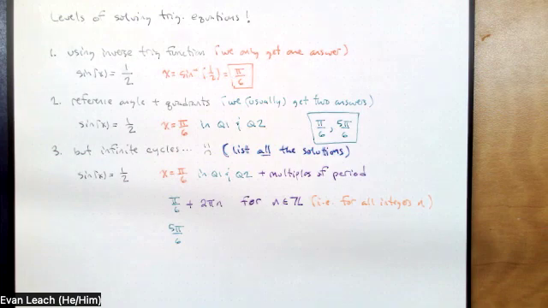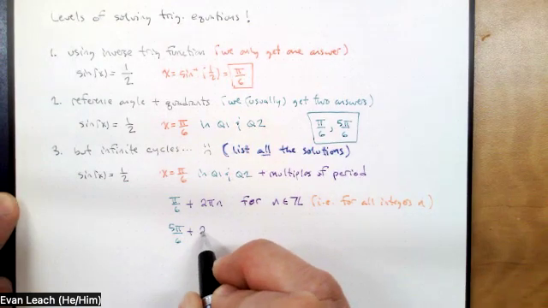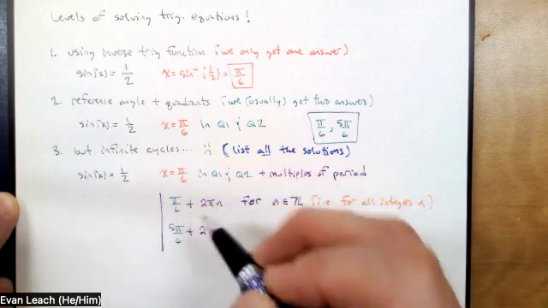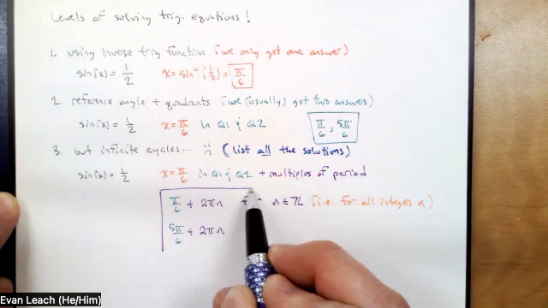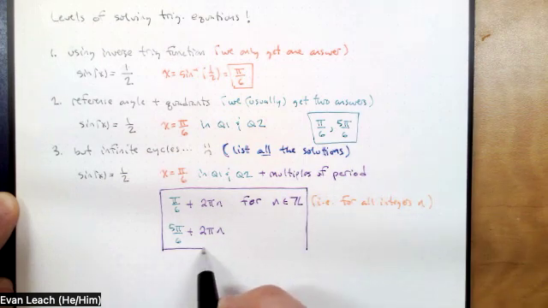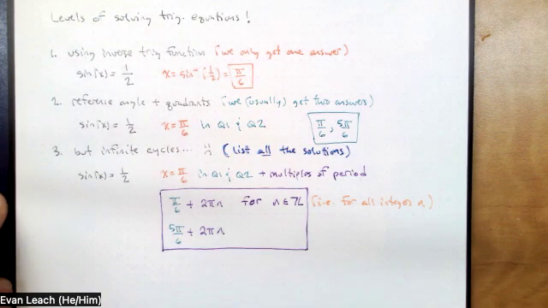Also subtracting 1 period, 2 periods, 3 periods, 4 periods, and so on. And we do that to both of these. So here's how we can list all of the solutions, because it's very predictable how far apart the solutions are.